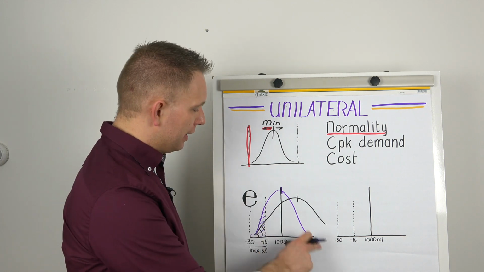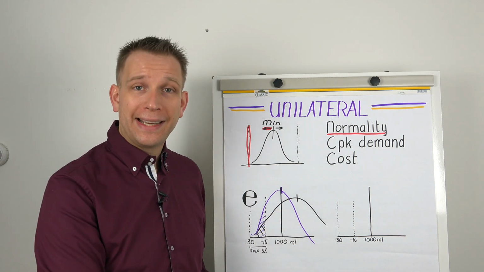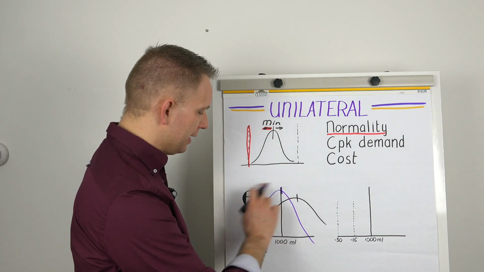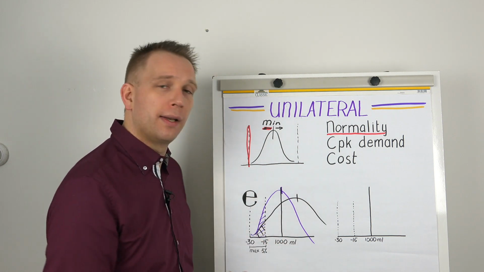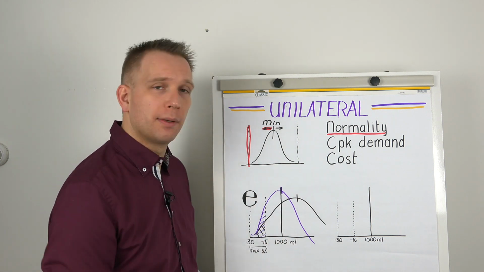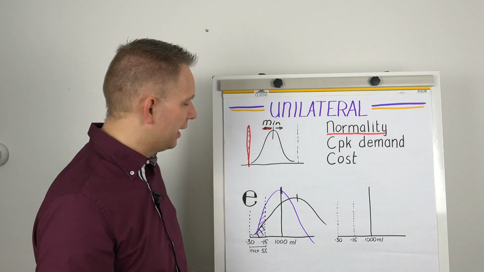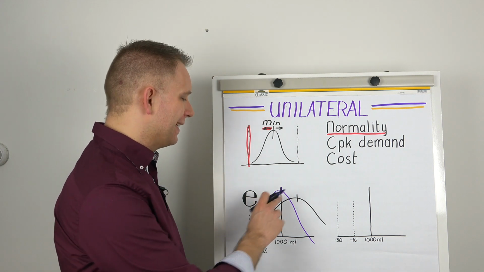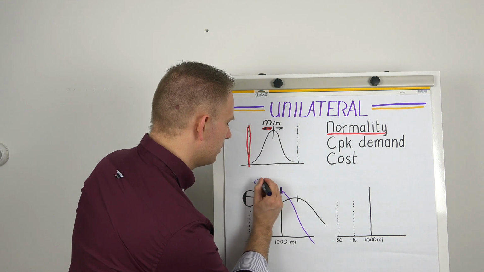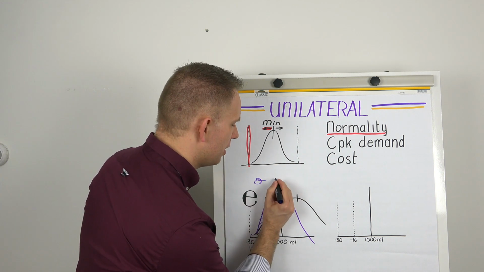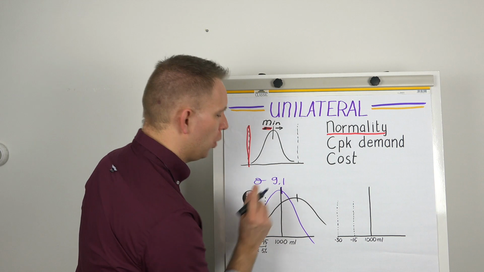Now, this curve we can calculate, and if you just take this distribution, you know that only 5% is allowed to be more than 15 milliliters off. What we see is that here we need a standard deviation of 9.1.